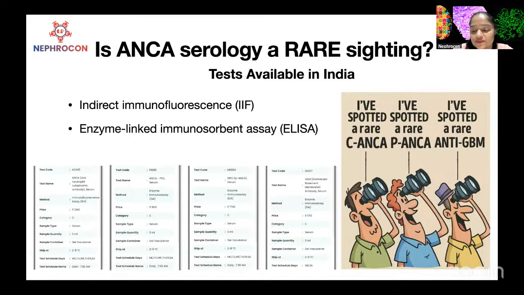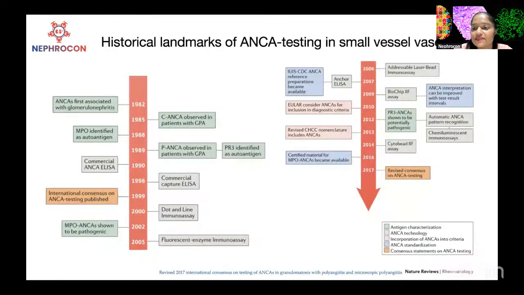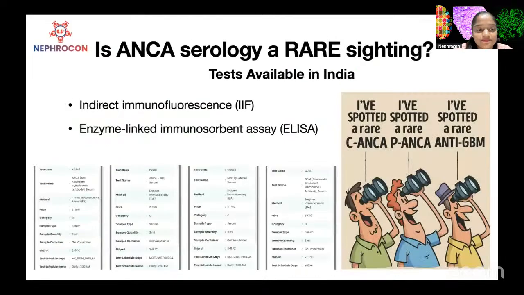The consensus report says that ELISA is a high quality immunoassay, and that should be done rather than the immunofluorescence assay. So with most commercial labs, you have to be very meticulous about what methodology they are using for testing ANCA serology.